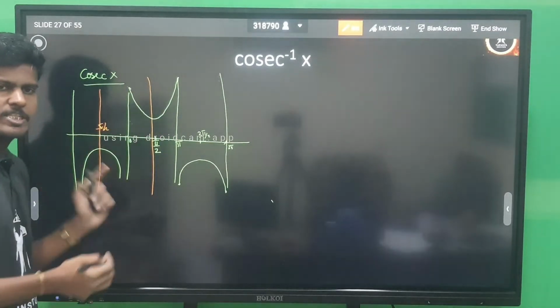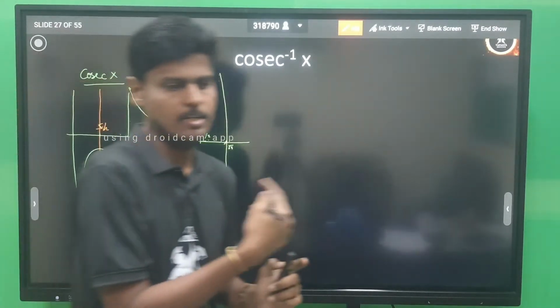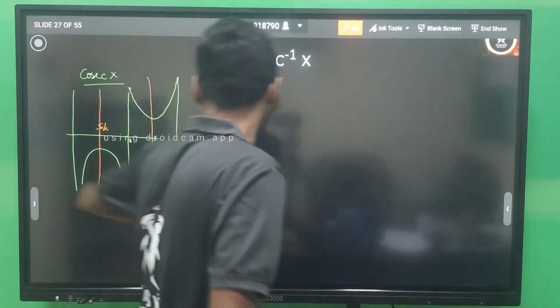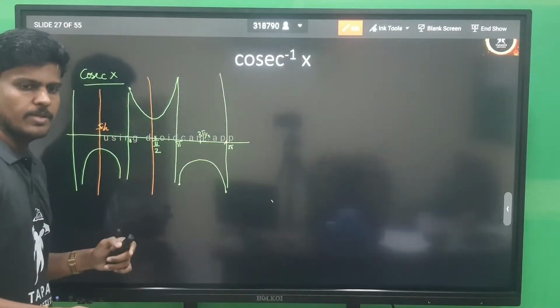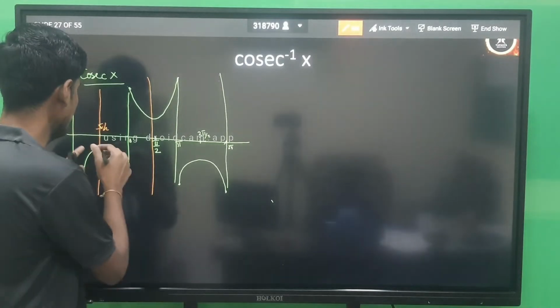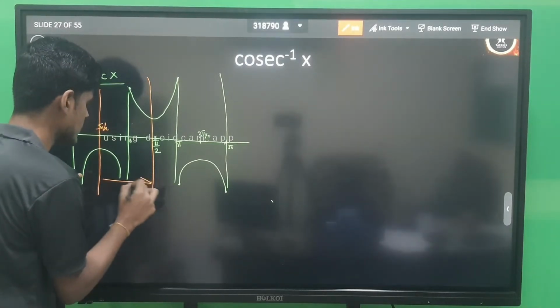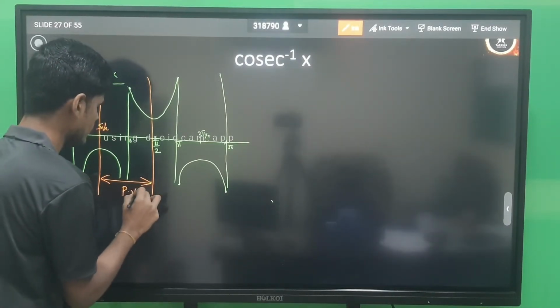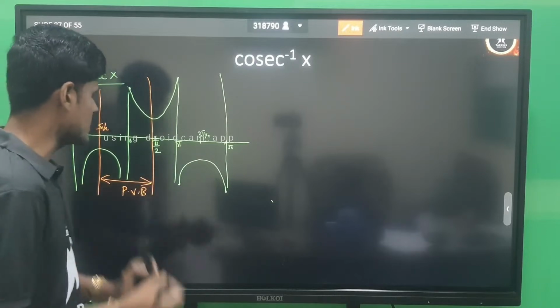This region covers all the range, that means this is an onto function, and it is following the one to one pattern of the function. So we can take this region as the principal value branch.